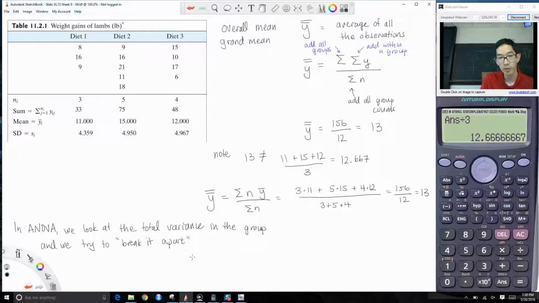Okay, and the 2 parts that we're going to break it apart into are variance due to group differences, and variance due to individual differences.